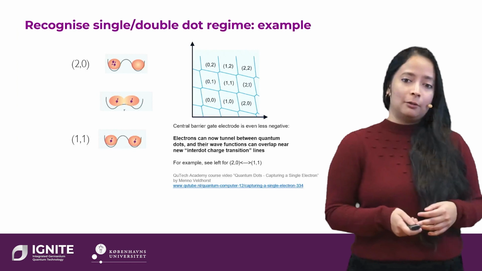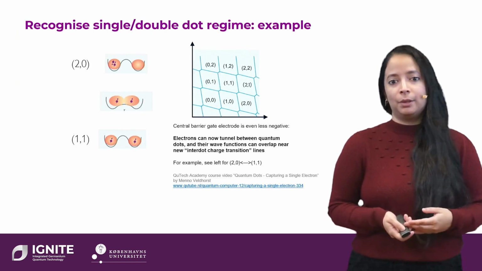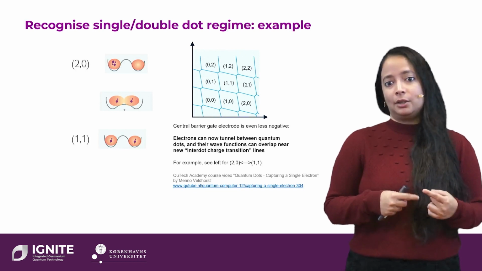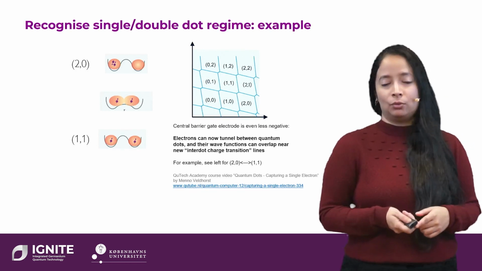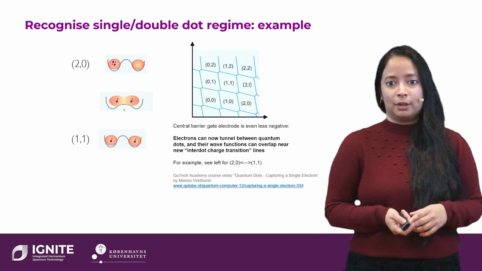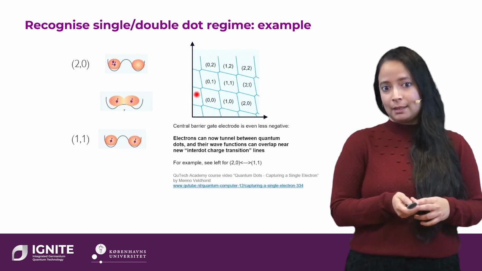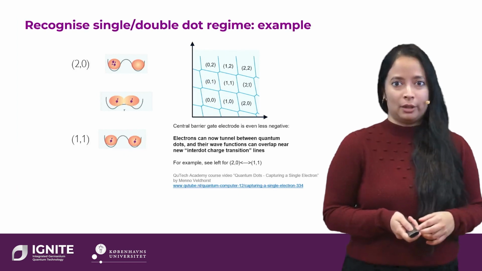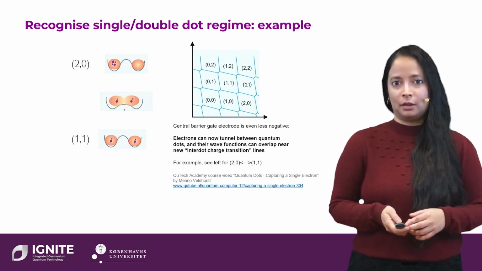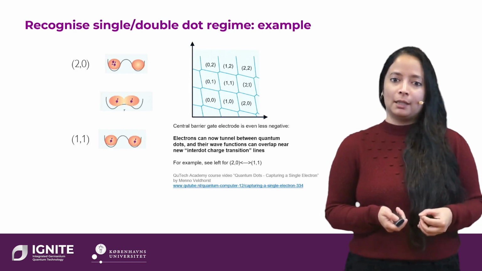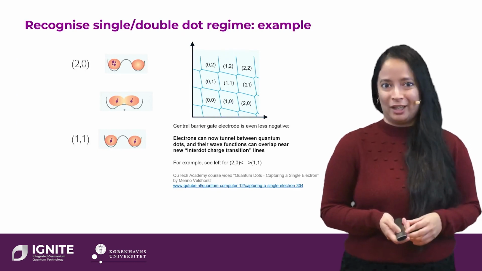And actually, for a qubit, especially for spin qubits, such an overlap can already introduce a quantum gate, a two-qubit gate between two single electron qubits. So these points in gate voltage space are extremely important points for electronic interactions. And so if you want to do quantum gates, you better know where these are located.